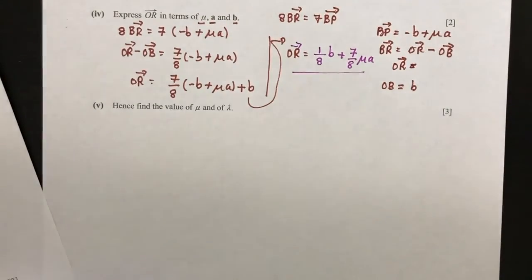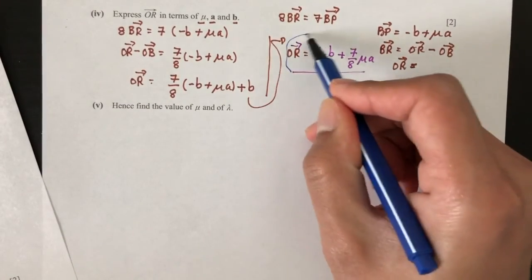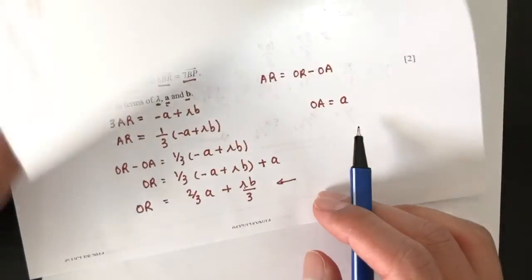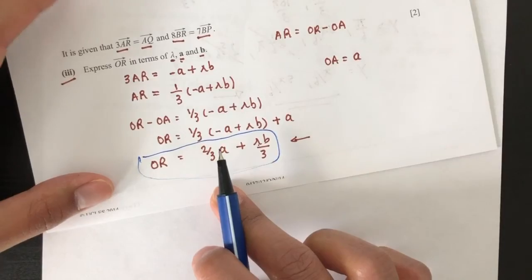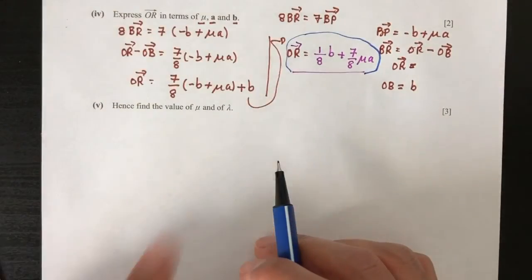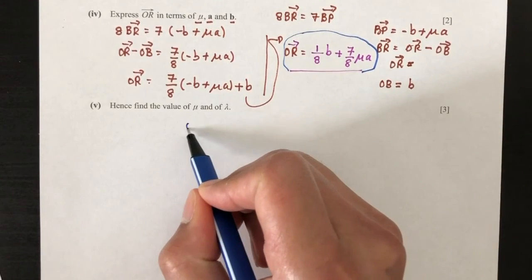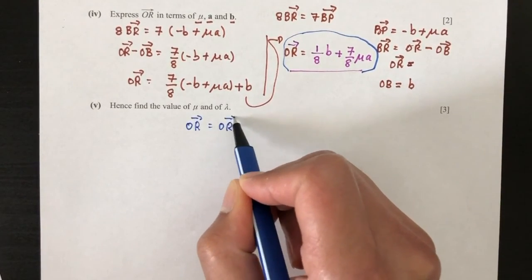Now we have to use these two values. This one is one of the values of OR, and from the first part we have this value of OR. So we have to use this to find the value of mu and lambda. So as we know, OR has to equal OR because they are the same thing.